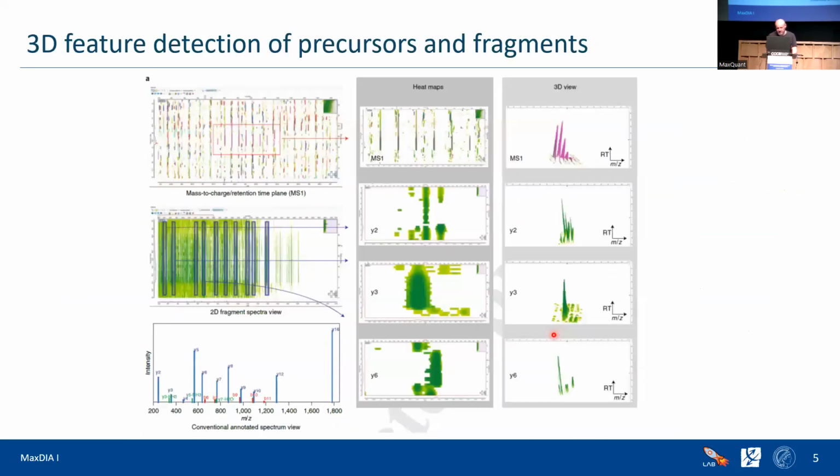So what we did on the MS1 level in terms of feature detection, we can do exactly the same way in all of these planes corresponding to fragmentation windows. And that is very advantageous for two reasons.